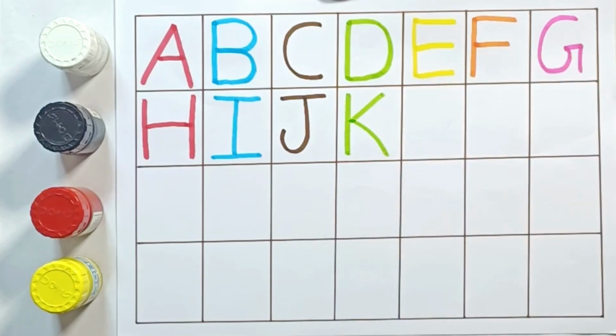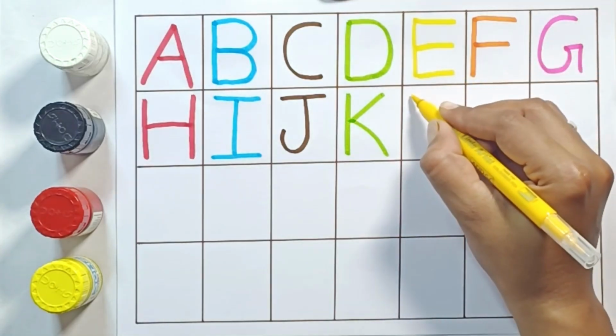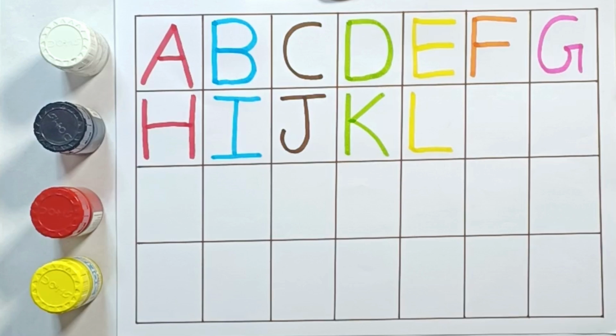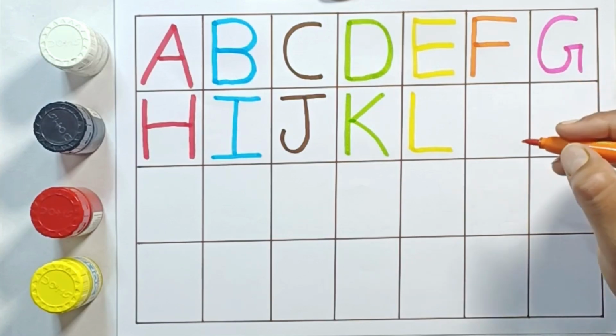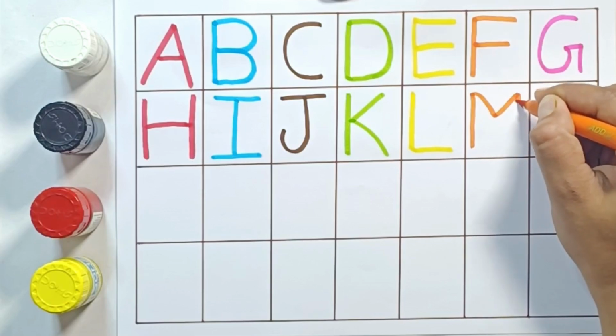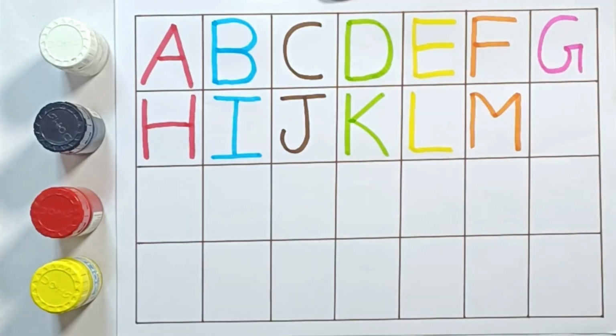K for kiwi. K for kiwi. L for lemon. L for lemon. M for mango. M for mango.